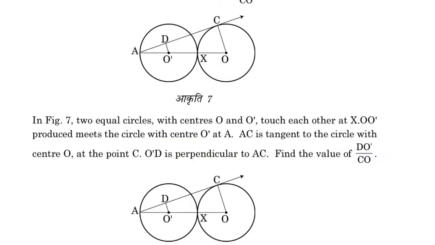Question number 24. In this question, we are given two circles with equal radius with centers O and O dash. So this is O and this is O dash. They're touching each other at X. So a line is drawn from O to this.